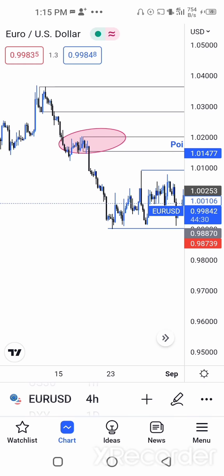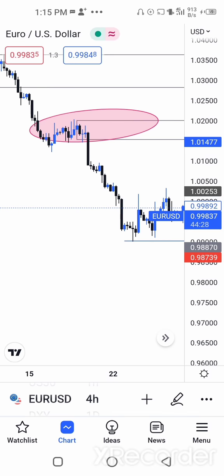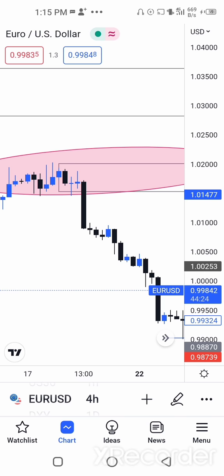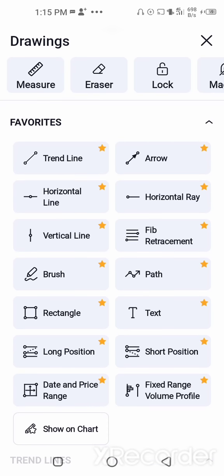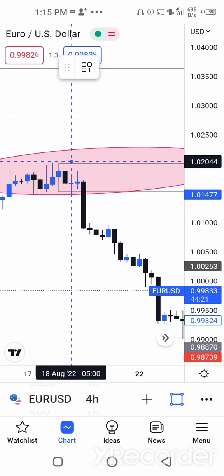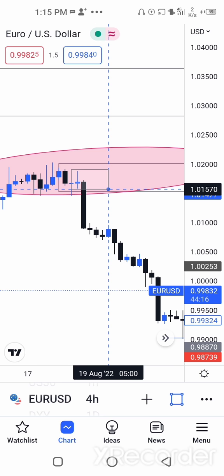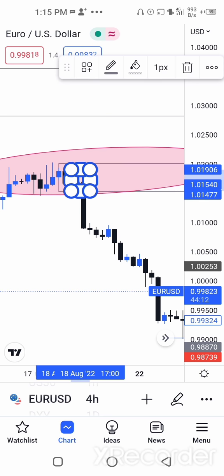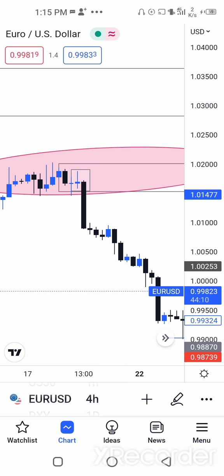So, right on the chart, what do I mean by on the chart? The last bullish candle, which is this, before the bearish candle, which is this, is what we call our supply zone, our order block. That is our bearish order block.